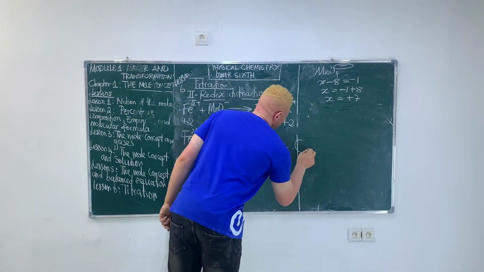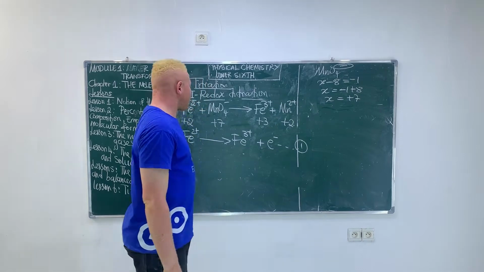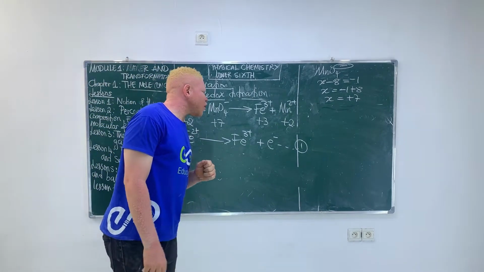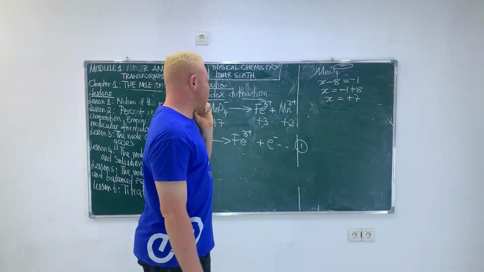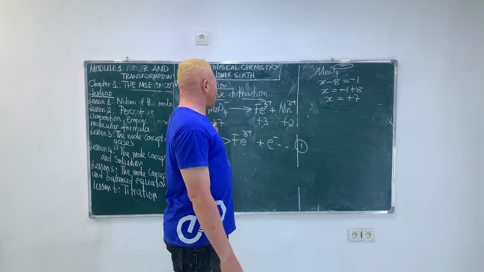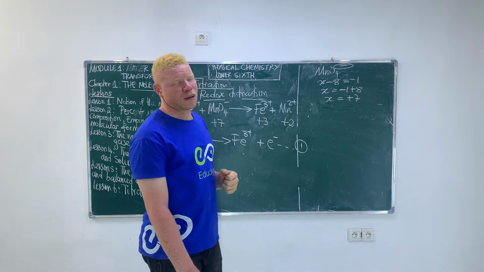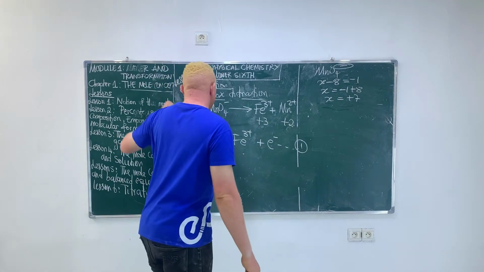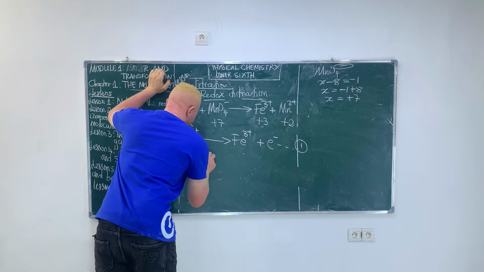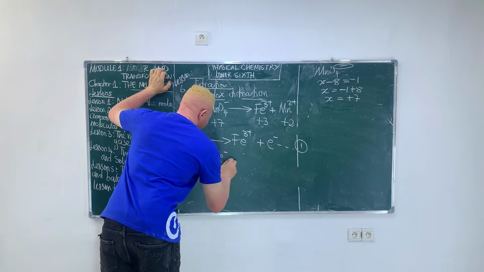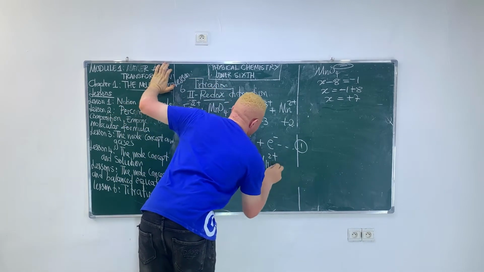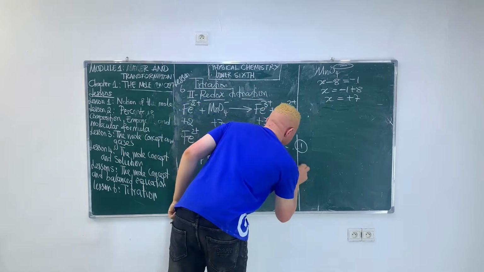We come back to equation 1. The manganese now undergoes a reduction reaction. The manganese is reduced from 7 to 2, so that 7 minus 2 is 5. By so doing, we have the manganese ion MnO4- plus 5e- giving Mn2+, equation 2.